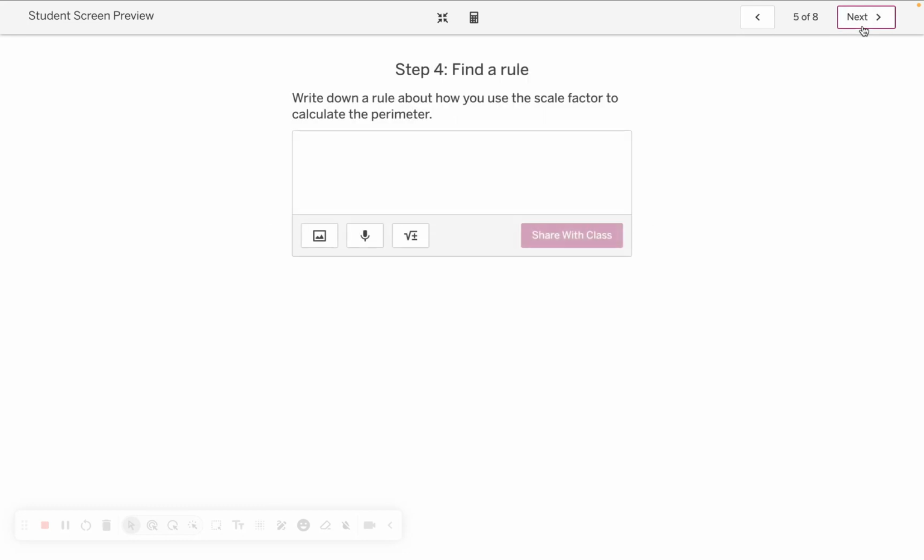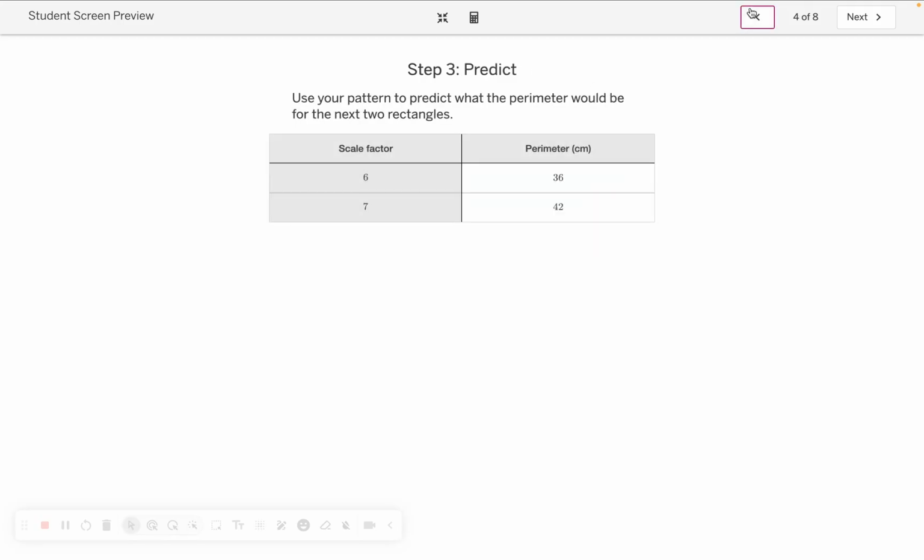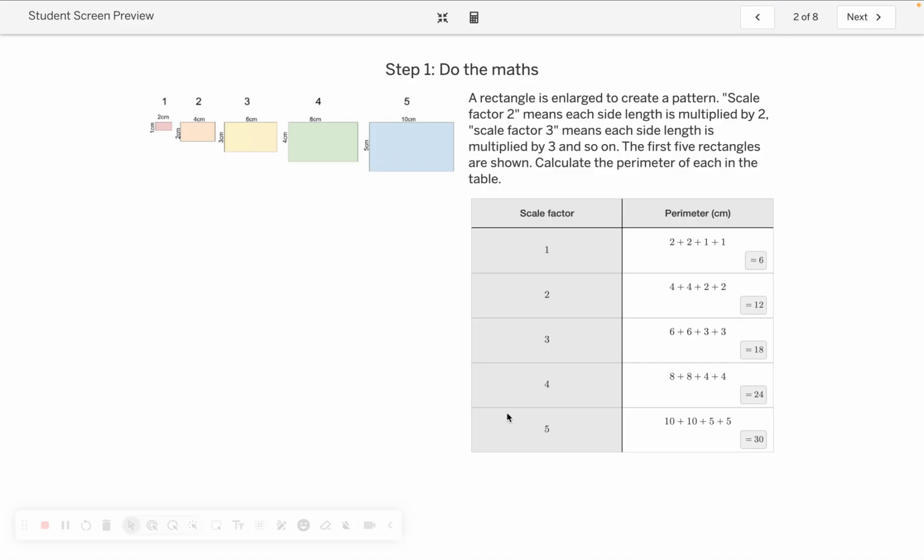Okay, so pretty straightforward. And it says write down a rule for how you would use the scale factor to calculate the perimeter. So I'm just going to divert you back to this little table that we have here. One thing you probably would have realized, and I'm just going to use my pen here as well, is that if you look at the scale factor, which is 1, I'm trying to find out if there is any way I can use the scale factor given to me to obtain the perimeter that I have.